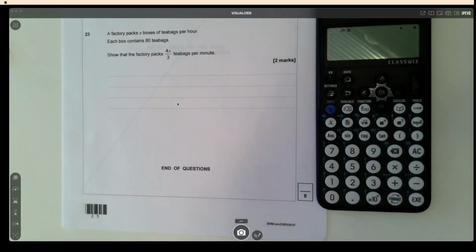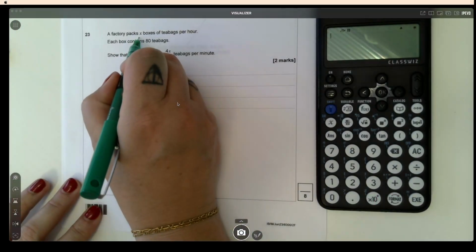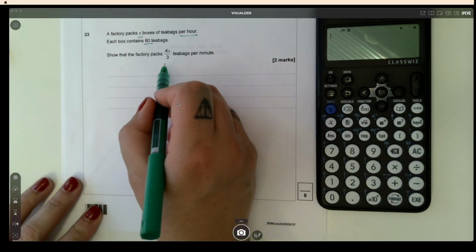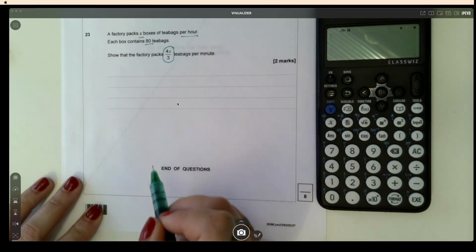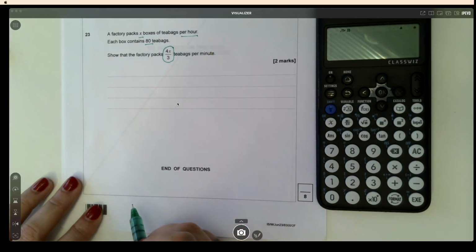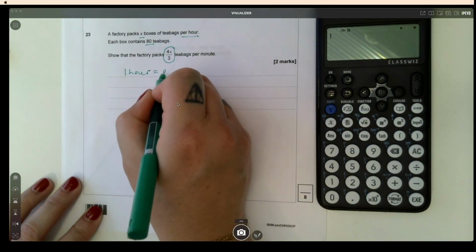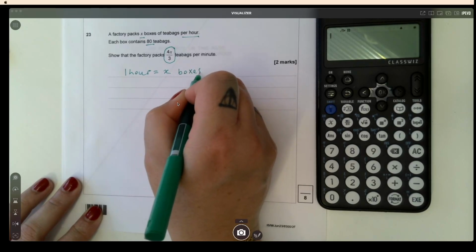Question 23. A factory packs X boxes of tea bags per hour. Each box contains 80 tea bags. Show that the factory packs 4x over 3 tea bags per minute. So they've told us that in 1 hour we can pack X boxes.